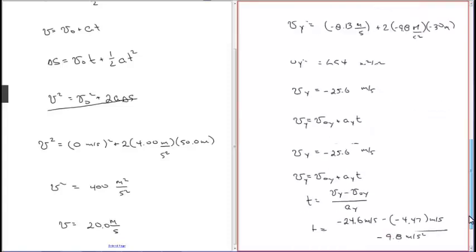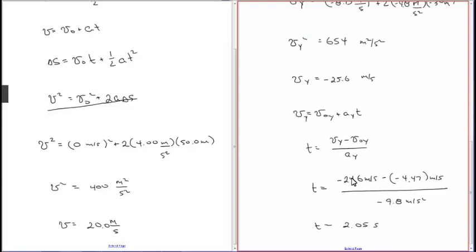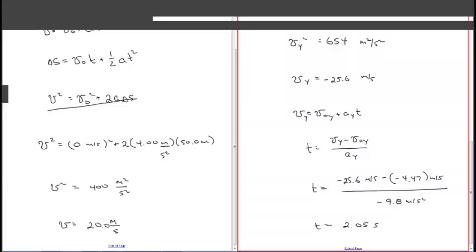So this becomes negative 25.6 minus that. Let me check if that's the right answer. Oh, I still had something wrong here.